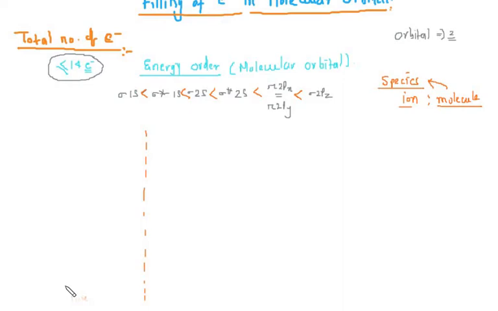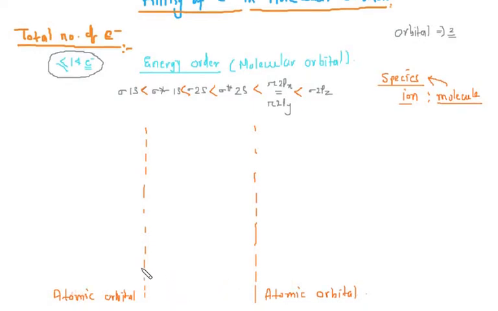This side it will be an atomic orbital, and again there will be a vertical line on the right side of which again it will be an atomic orbital, and at the center we will have something called molecular orbital.